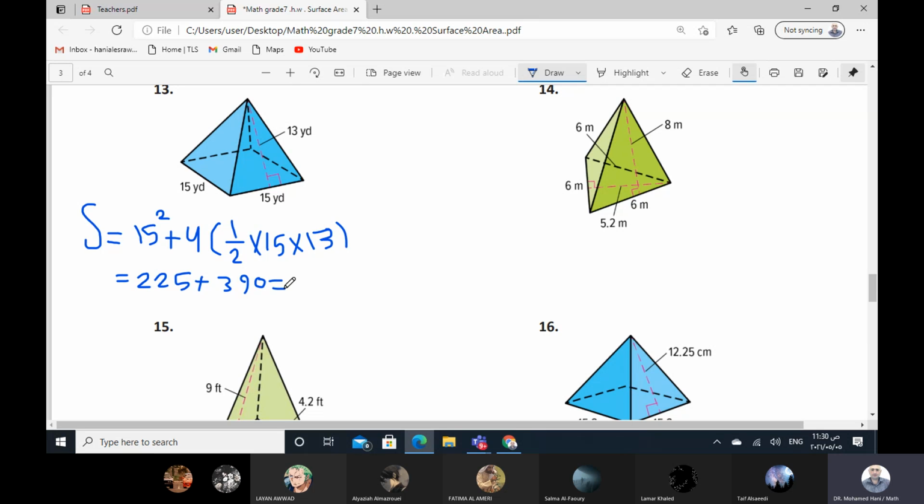Then we can add. So the answer will be 615 yards squared.